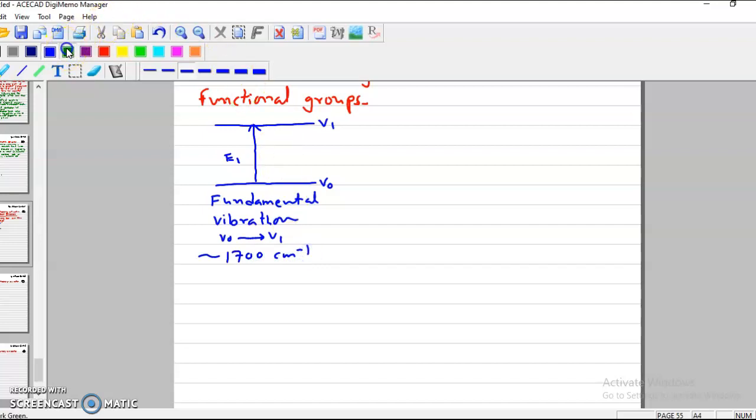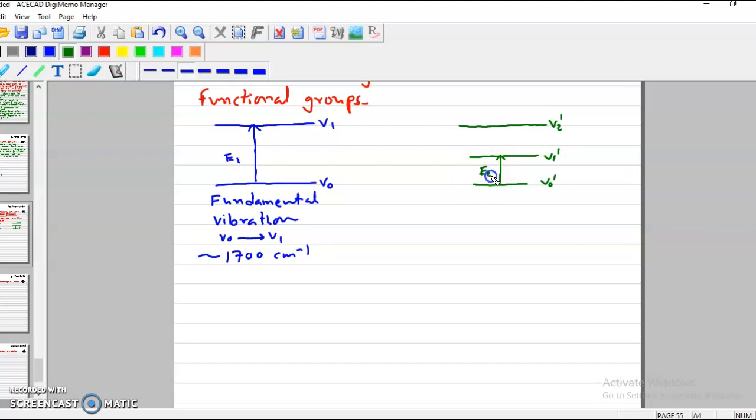Now there is another group which has different kinds of vibrational levels, like this. For them it is V0 prime, V1 prime, V2 prime, etc. When the molecule absorbs infrared radiation, this vibration is also possible.